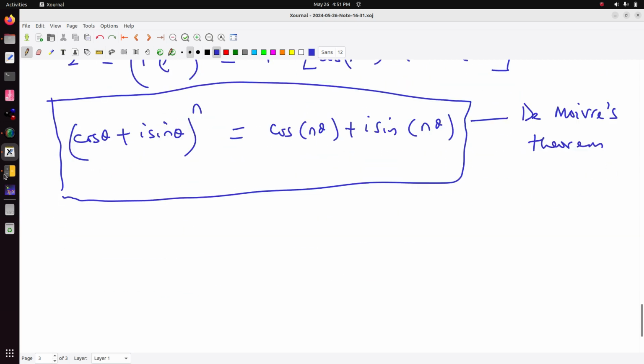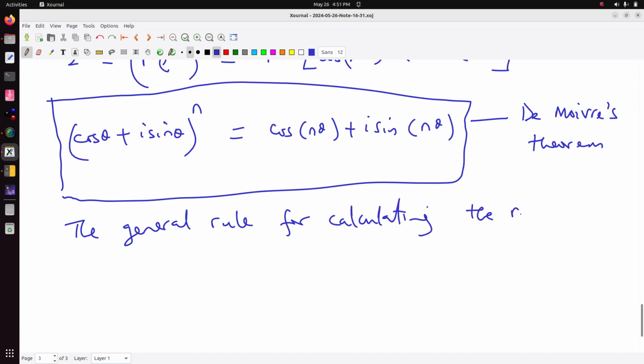So let me write the general rule for calculating the nth root of a complex number. W equals the nth root of r. If it is cube root, then it will be the cube root of r; if it is fourth root or fifth root, it will be the fifth root of r.